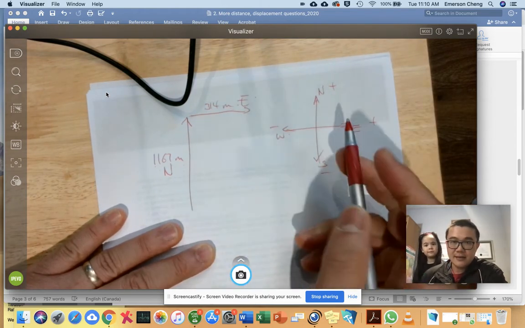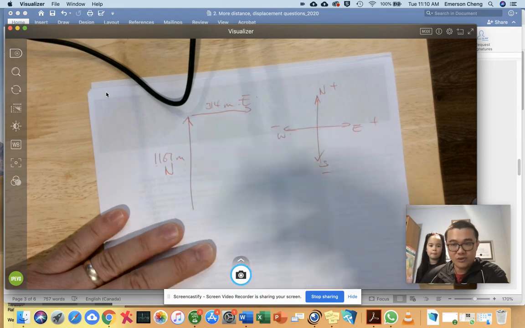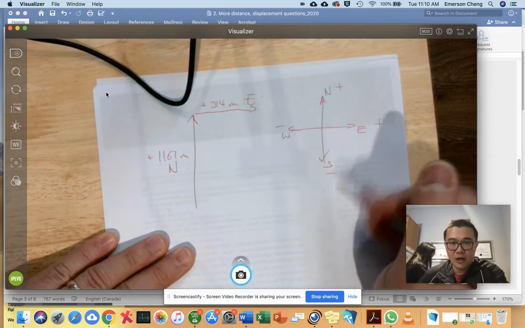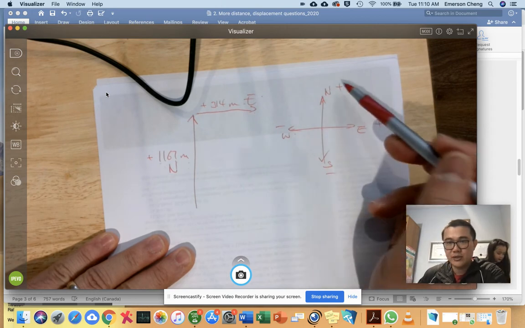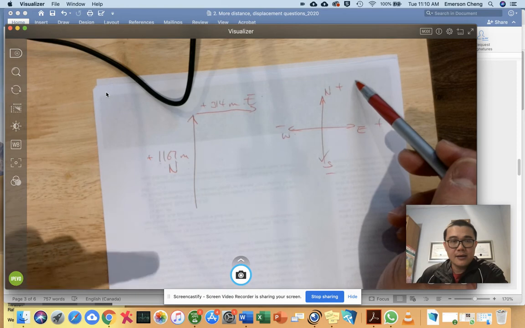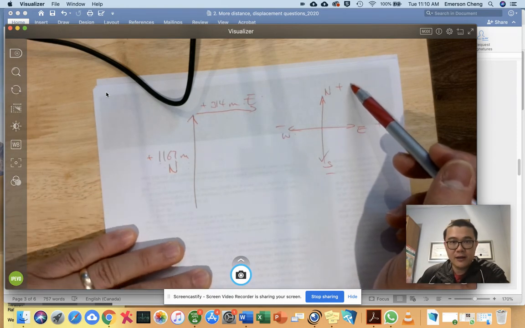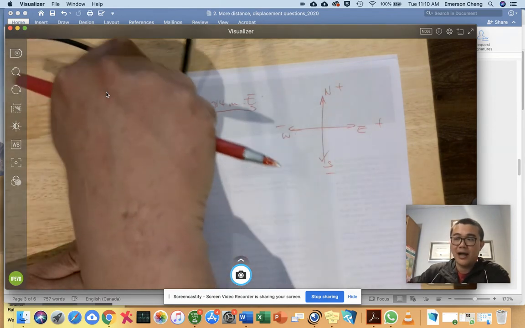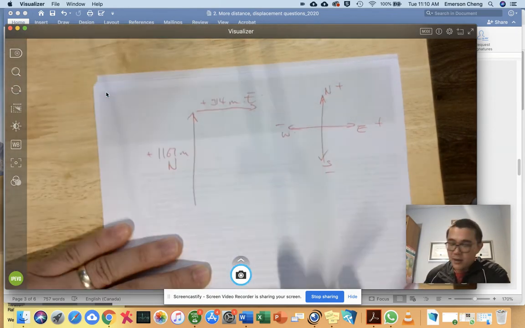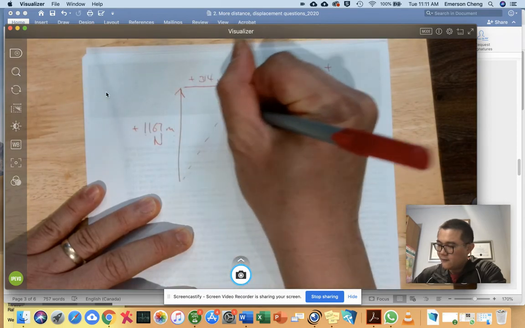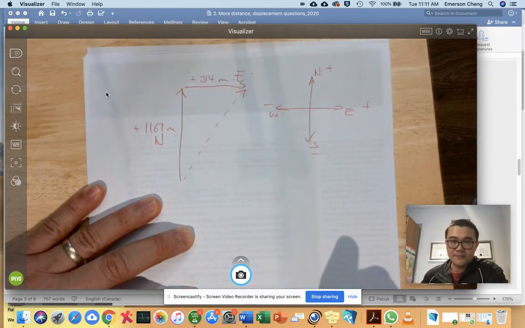That's just how I show this work. A lot of teachers, not just in IB, but in a lot of schools, show their signs and vectors this way, so it's not a bad idea for you to follow that too. Most physics or science teachers will have a background understanding of that. Now, in this case, you're trying to find the distance or the displacement from here to here. Okay.